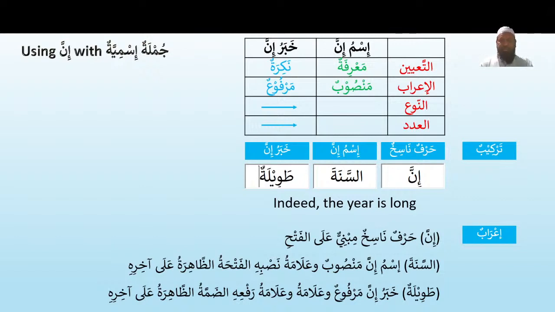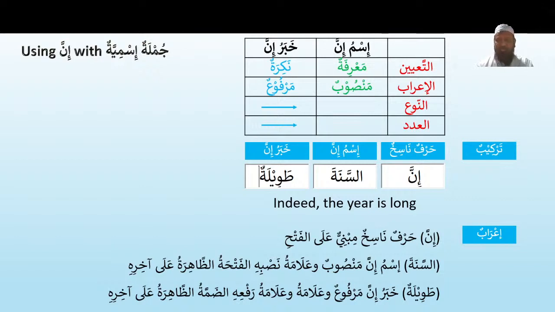So we applied the rules of inna. The mubtada becomes ismu inna, which is ma'rifa and mansub. So inna as-sanata, khabaru inna is nakira marfu'.